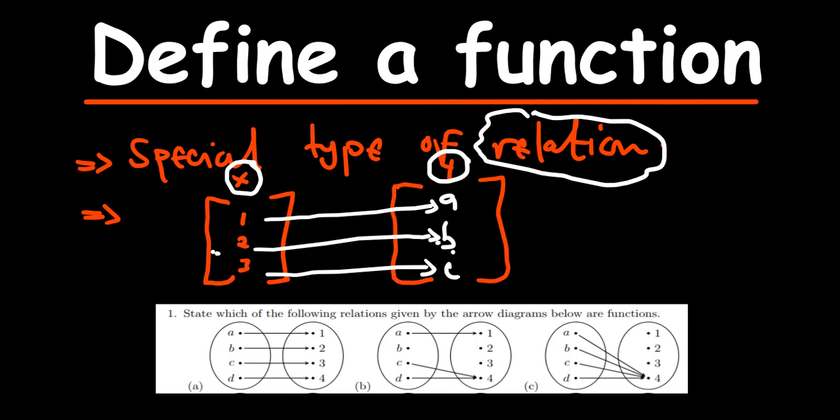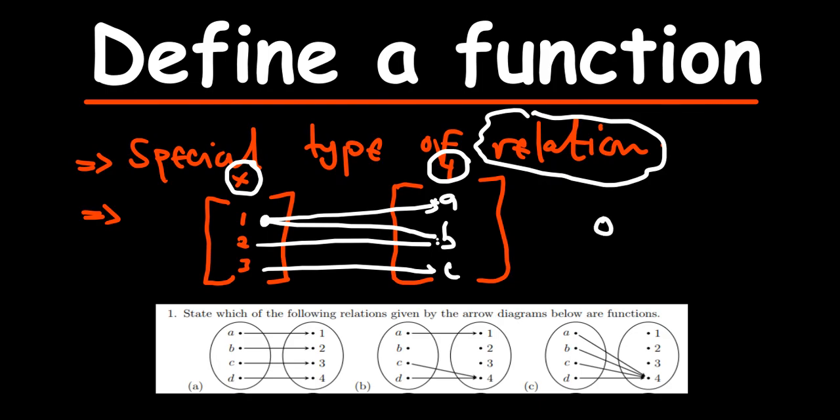So for example, if our relation here was like this, let's say 1 is mapped to A, and it's also mapped to B, and then this 2 is also mapped to B, this 3 is mapped to C. So we can see that we have one element of set X being mapped to two elements of set Y, so that will be called a one-to-many relation.